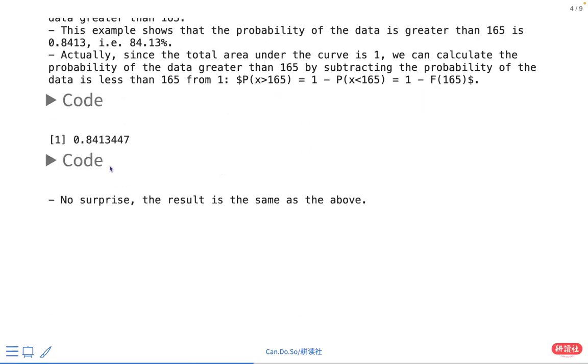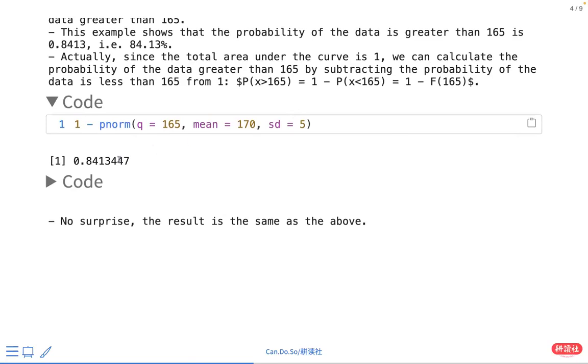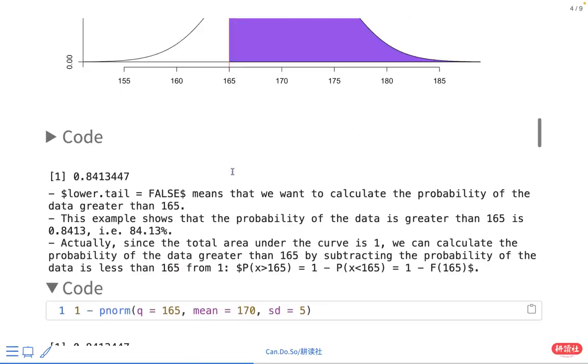And we can use 1 minus pnorm with q equal to 165 to get it. No surprise, the result is the same as above.